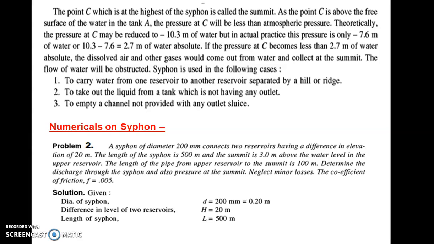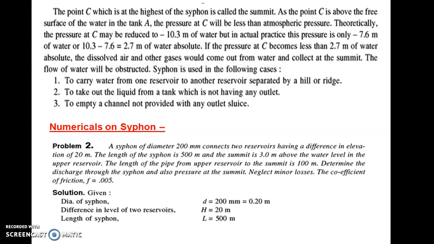And if you calculate, that is 10.3 minus 7.6 meter. 7.6 meter is nothing but the negative pressure, that is the vapor pressure of water. Above that, always your pressure should be there inside at the point C. So here it is coming as 2.7 meter of water absolute.